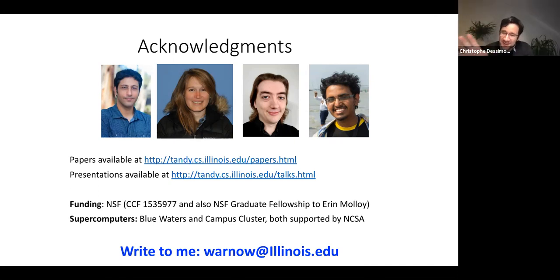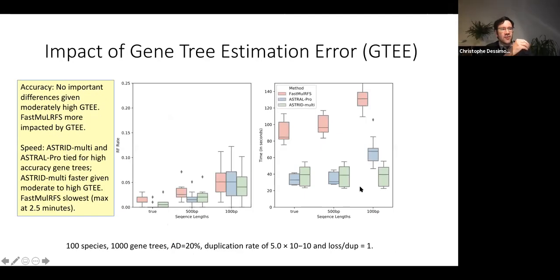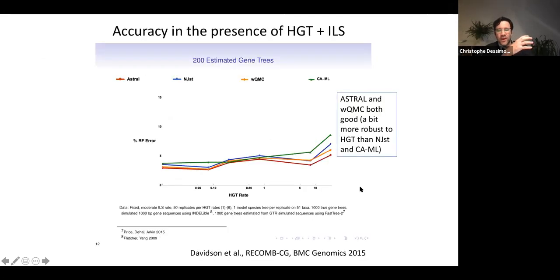Florence, you should cut me when it's too much. It's okay. One thing that is really interesting, and I've seen also some other works suggesting what you observe, is that the ILS models are surprisingly robust to having paralogs in your data set. I think the intuition is that they don't put a lot of weight on these long distance relationships.